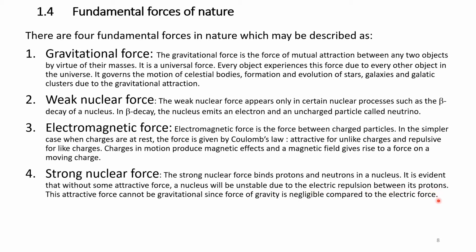We know that in the nucleus there are protons and neutrons. Protons are positively charged, hence in normal case this should have been a repulsive force. But because of strong nuclear force, there is a binding between protons. The attractive force cannot be gravitational force since force of gravity is negligible compared to the electric force.